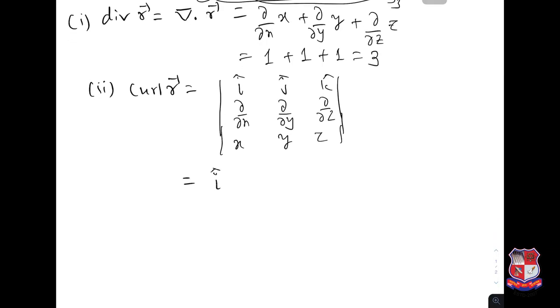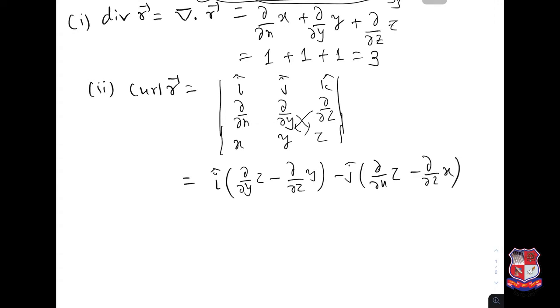So that is equal to i, this is del by del y of z minus del by del z of y, minus j, del by del x of z minus del by del z of x, and plus k, del by del x of y minus del by del y of x.